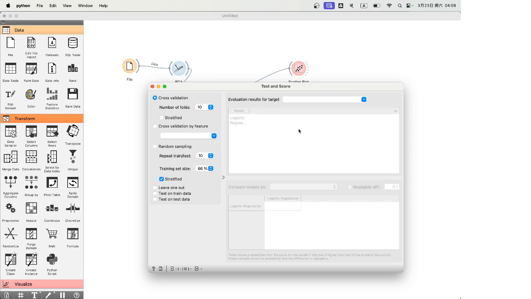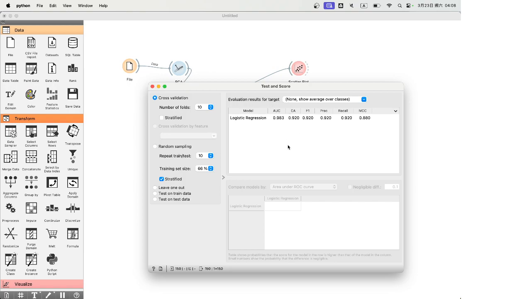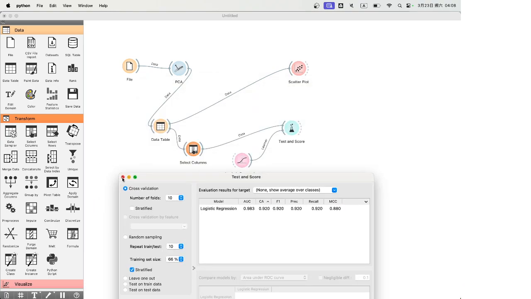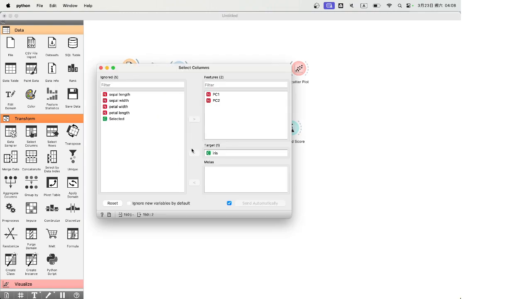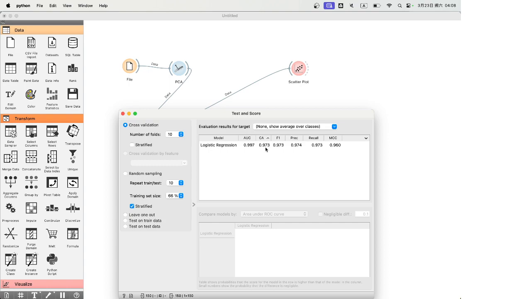So for logistic regression, oops, sorry, the data should be like this. If you only use the two-dimensional data output by the principal components, the accuracy would be 92%. But if you use the original data right here, you can see that the actual classification rate is higher, 97%.